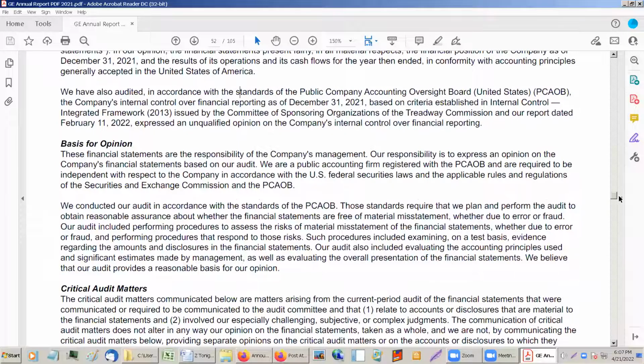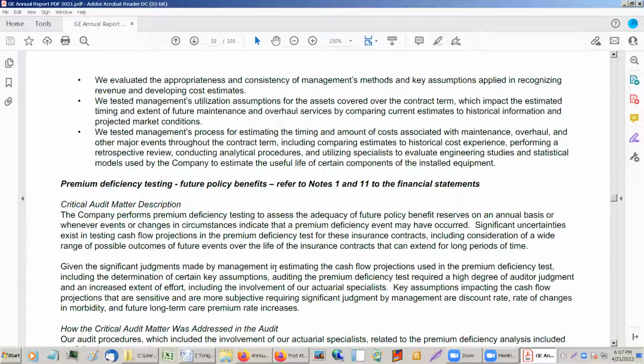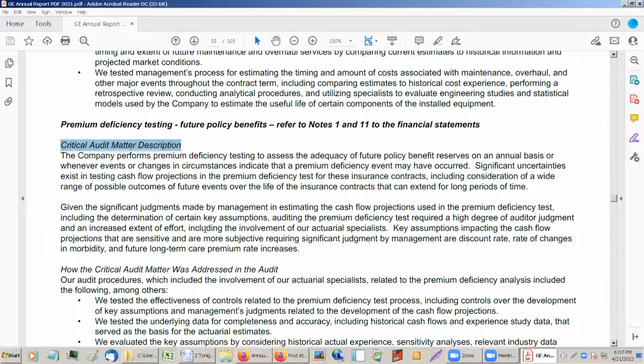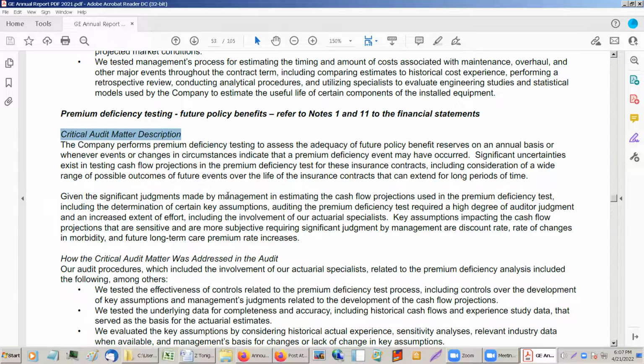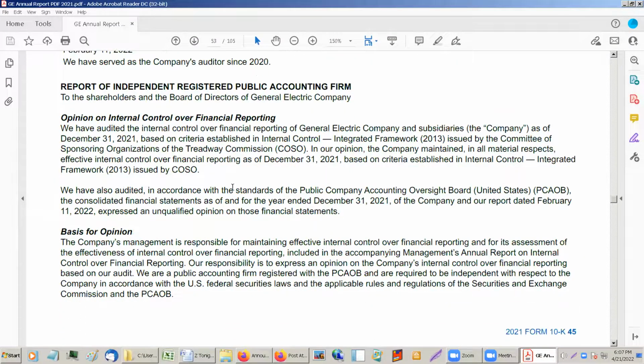And there's a lot of things that are put in here that are called, oh, I'm drawing a blank on it, critical audit matters. You'll also hear them called a CAM, and there'll be some stuff in there that they'll go through.